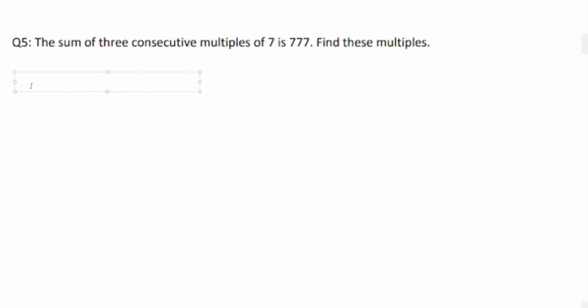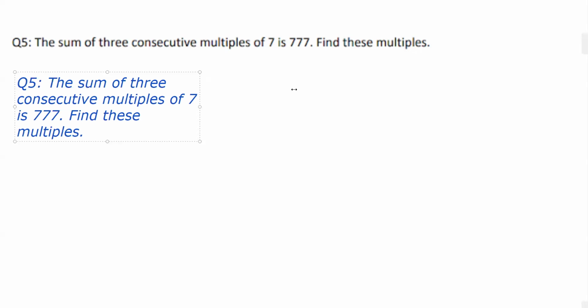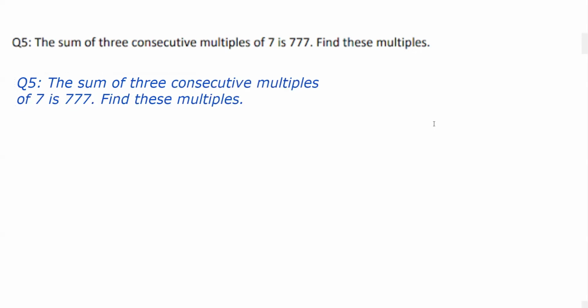The next question is also a word problem, so let me write this. The question here is that the sum of 3 consecutive multiples of 7 is 777. Find these multiples. Since these are word problems, statements are needed.